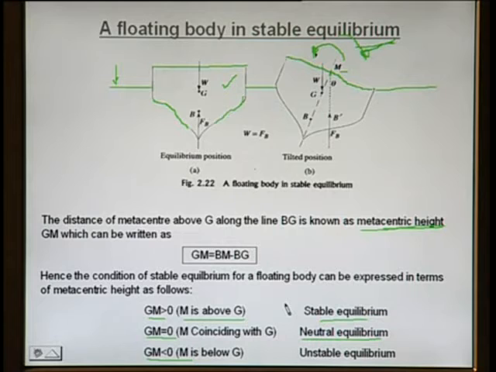If we want to design any ship, then we must ensure that it has sufficient stability for the sufficiently large forces which we expect on a ship in the sea, right.